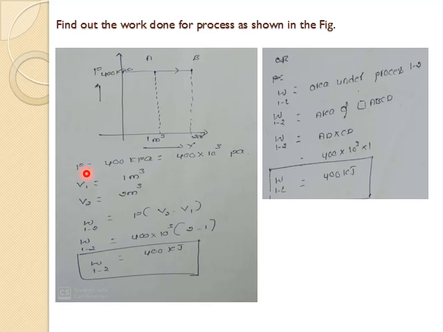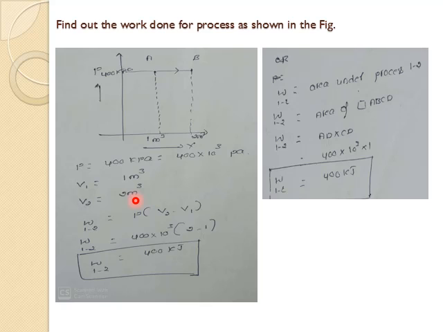Pressure P: the process is constant pressure, which means that throughout this process the pressure will be constant. That constant pressure here is 400 kilopascal. If you convert this kilopascal into pascal, it becomes 400 into 10 to the power 3 pascal. The initial volume at A is 1 meter cube and the final volume at B is 2 meter cube.